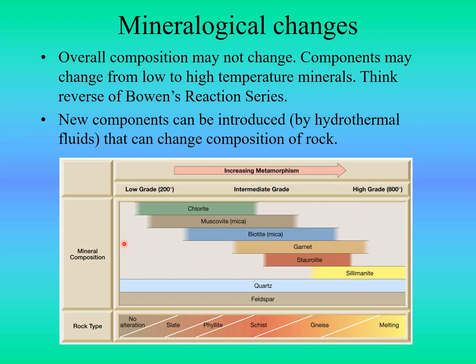And we can kind of think of that like Bowen's reaction series in reverse. So remember, Bowen's reaction series is how things cool out of a magma, in what order, with the olivines and the pyroxenes and the hornblende and so on. If you think about slowly heating up a rock, the opposite thing happens.